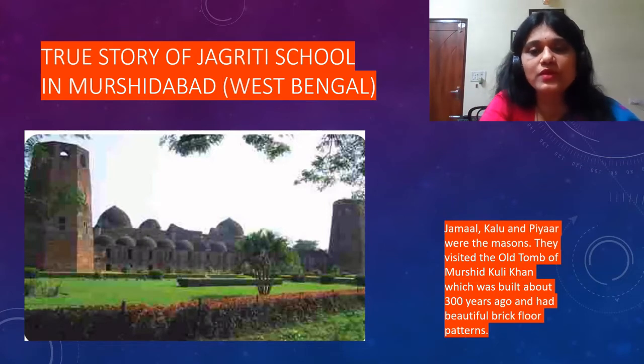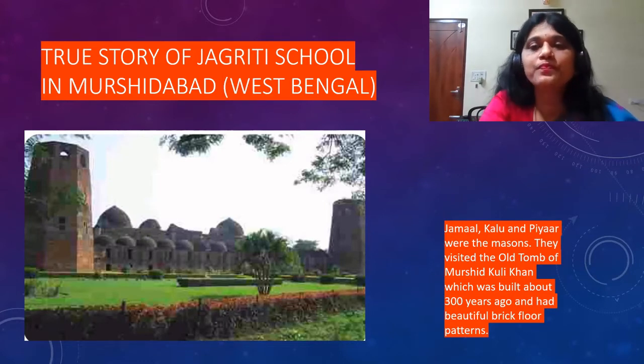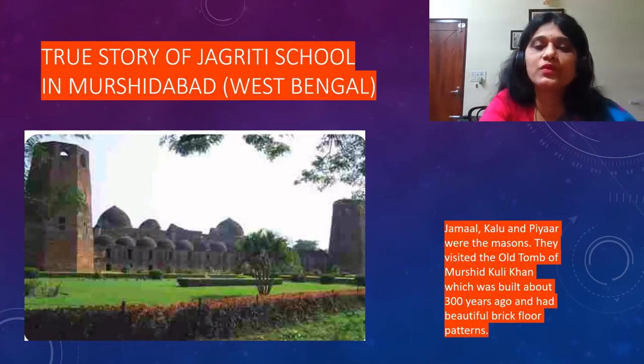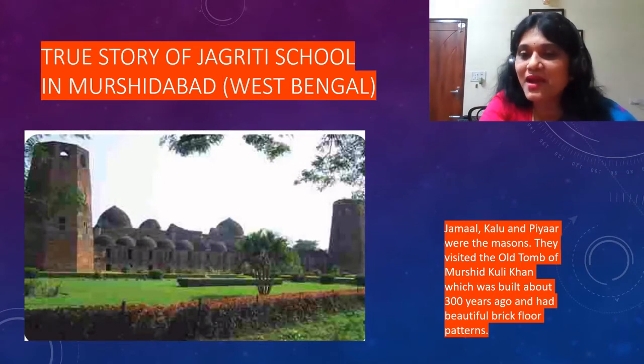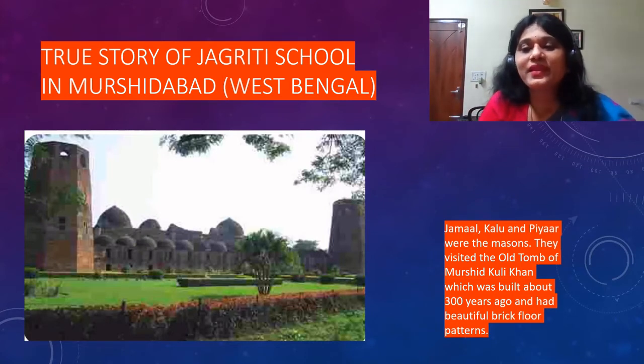It is a new school. It will be built. So few masons were asked to come to school, and they were assigned the work to build the school. They are very excited, and Jamal, Kalu, and Pierre were the masons actually.